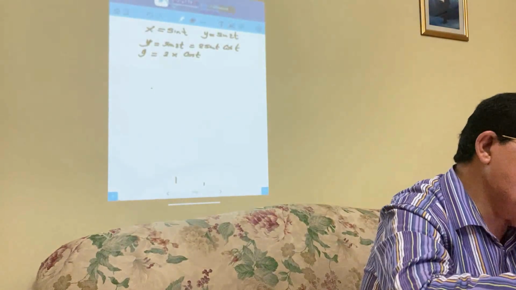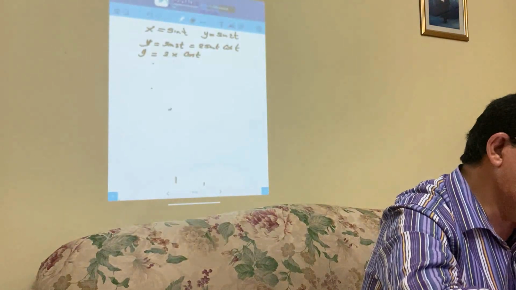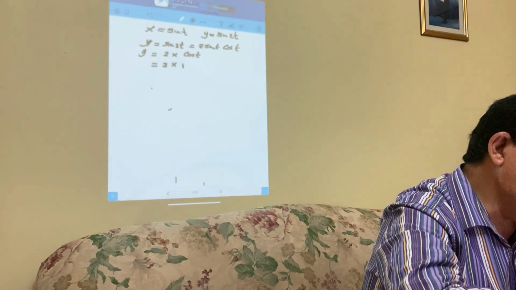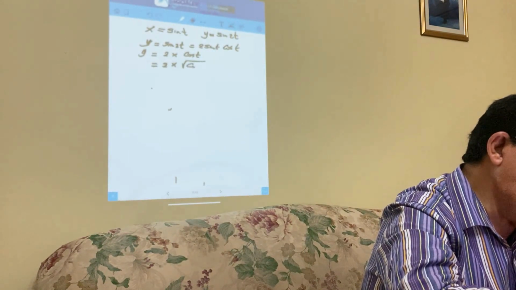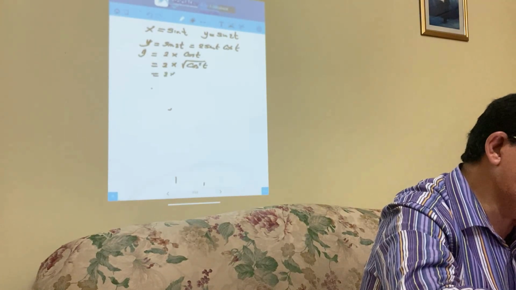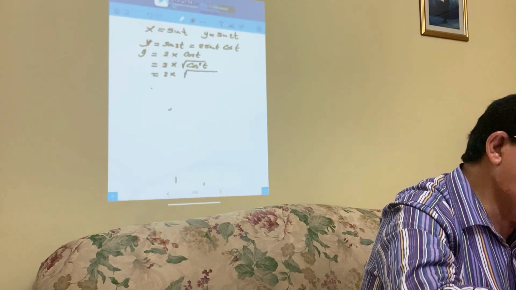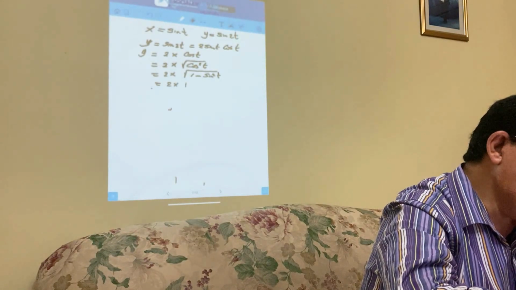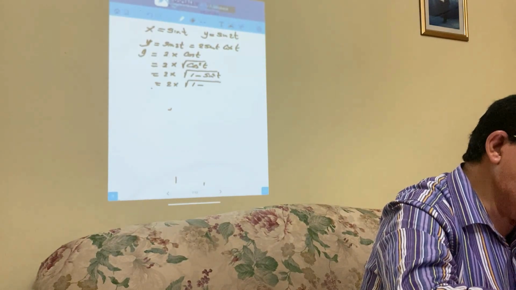Yes, there is a tricky way. You say 2x and you write here the square root of cosine square t. And you say 2x, the square root of 1 minus sine square t. Then it is 2x, the square root of 1 minus x squared.